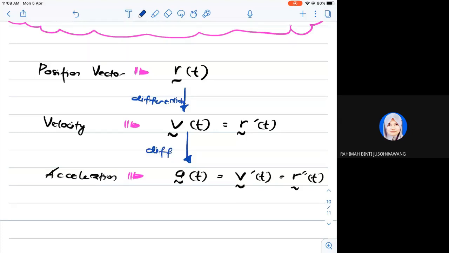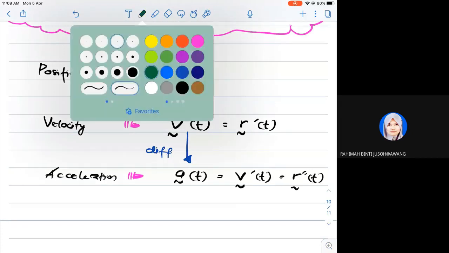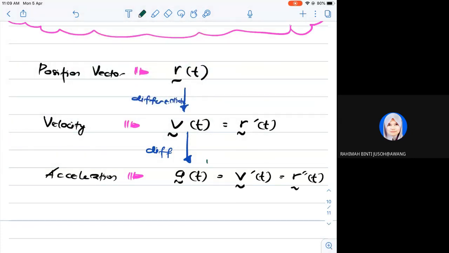Tetapi if you are given acceleration and the question asks you to find velocity, misal kata you dah tahu A, you have to integrate. Yang ni pun sama, kalau you diberi velocity, you nak kena cari position vector, you kena integrate. That's the relationship lah. Pergerakan daripada atas ke bawah differentiate, daripada bawah ke atas integrate, dia terbalik.